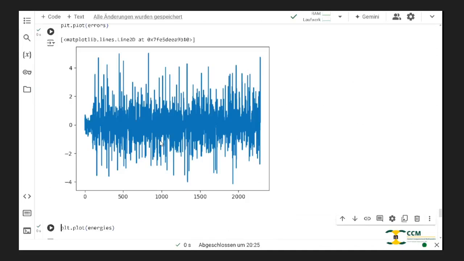Now, what about gamma? I have to think about it. High gamma means narrow Gaussian. Yes. So large gamma means narrow Gaussian.